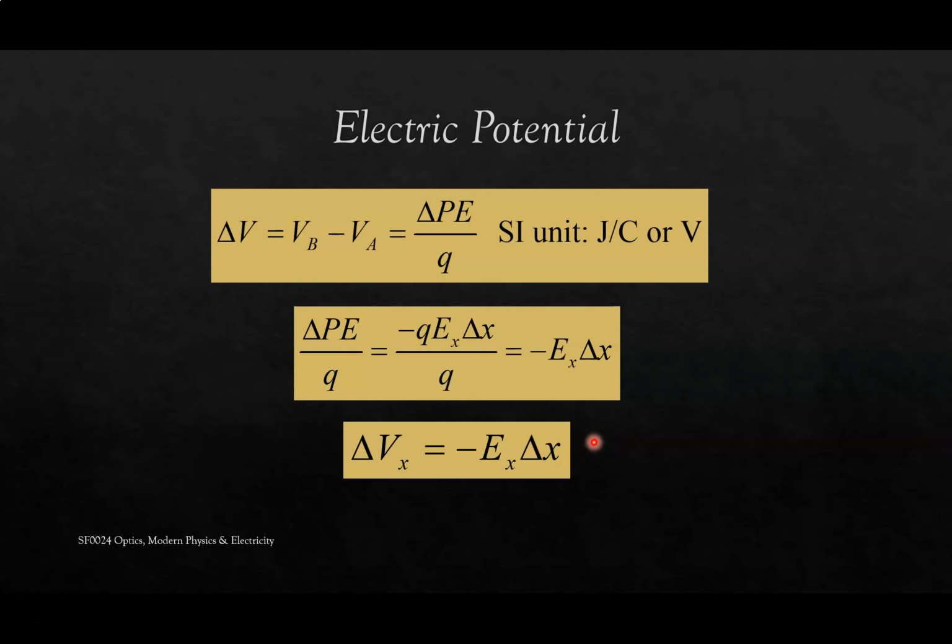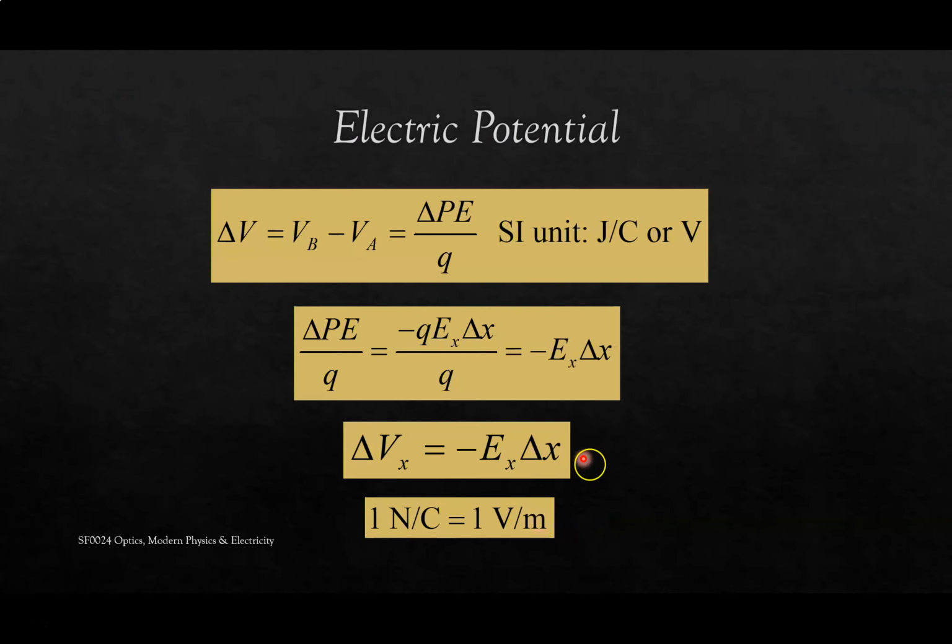That means the SI unit of the electric field is the newton per coulomb, which can also be expressed as volt per meter.